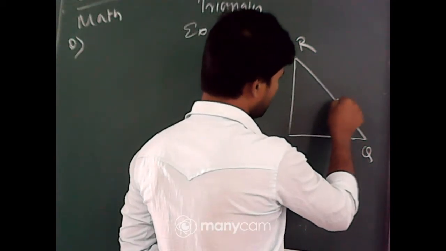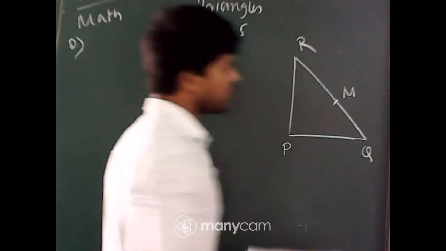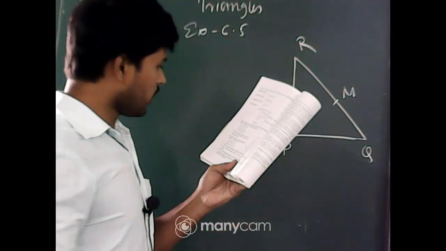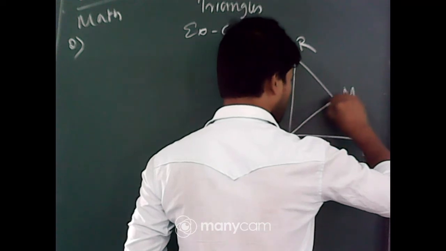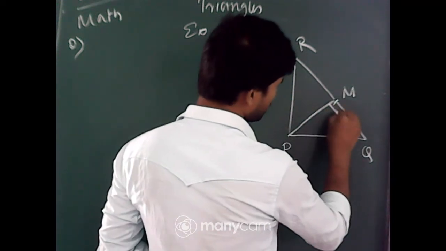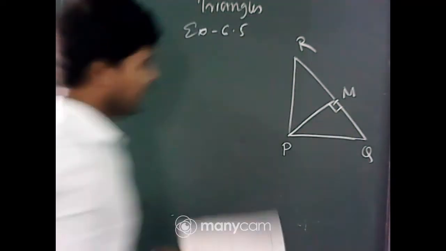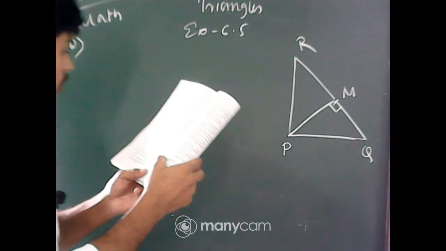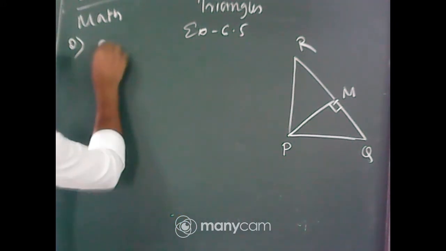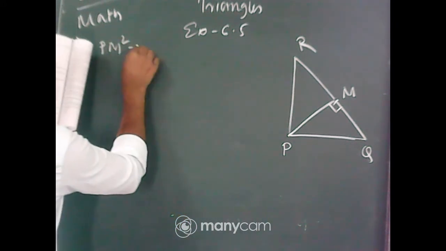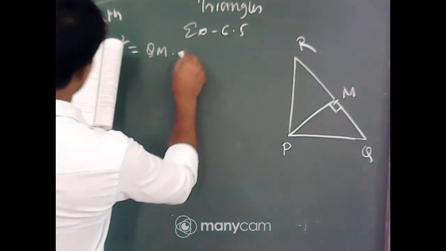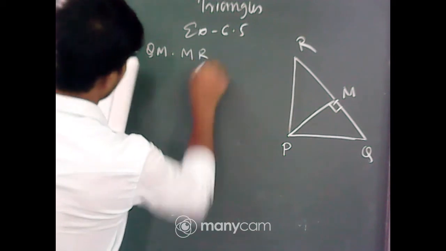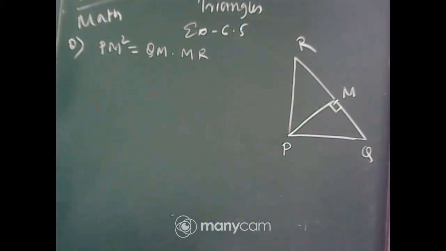Let us consider a point M on QR such that PM is perpendicular to QR. So join PM. This angle is 90 degrees. It is given. We have to show that PM square is equal to QM into MR.